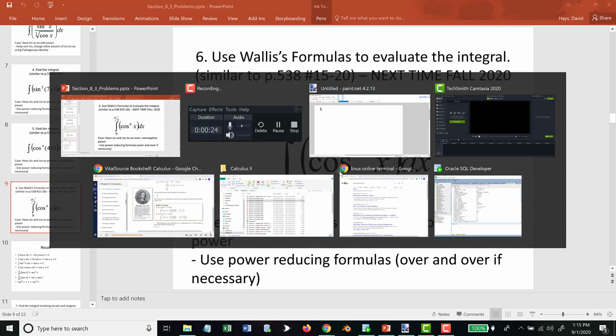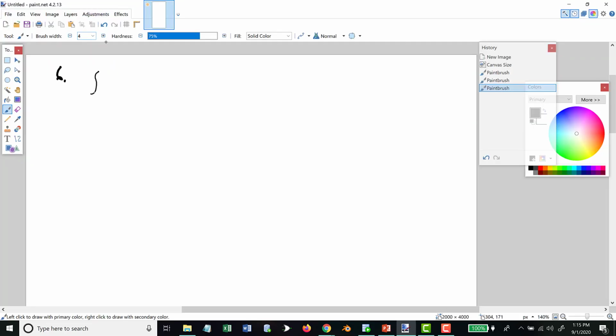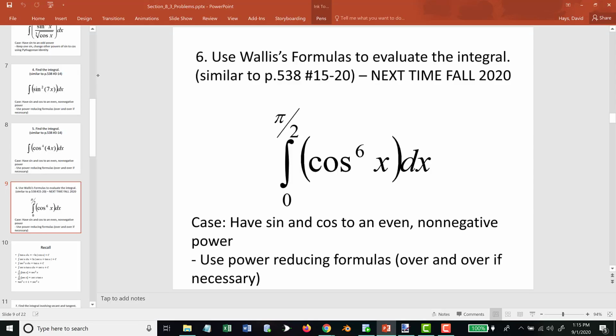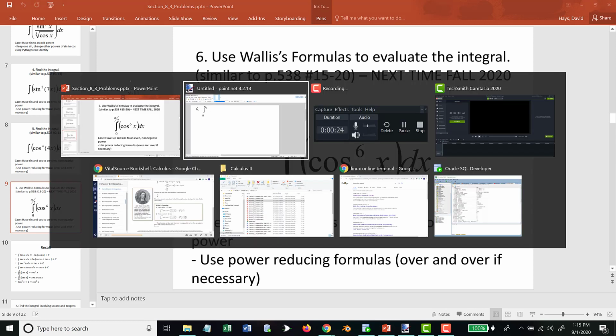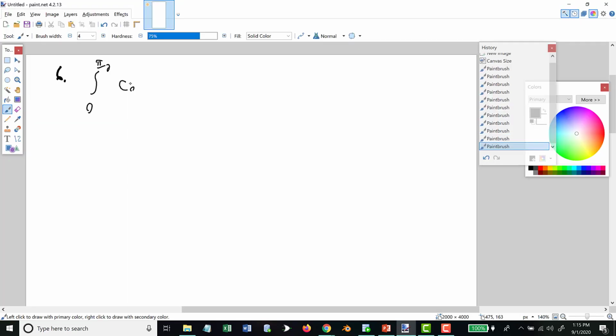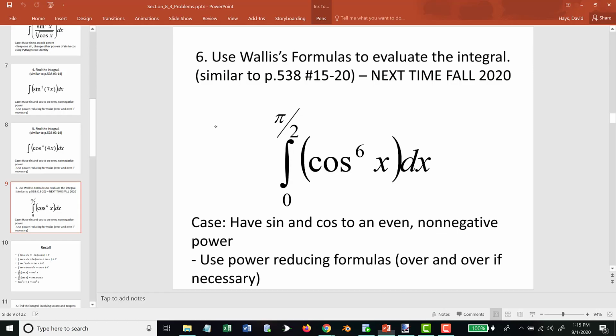Got the integral from 0 to pi over 2 of cosine to the 6th power. There you go.